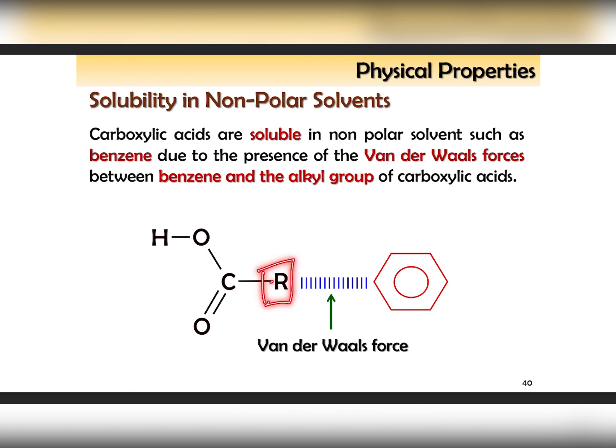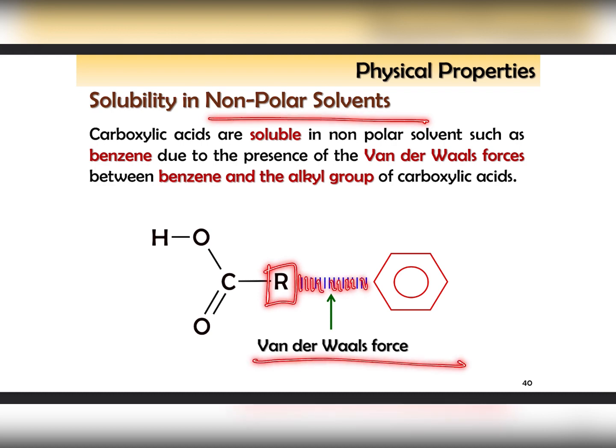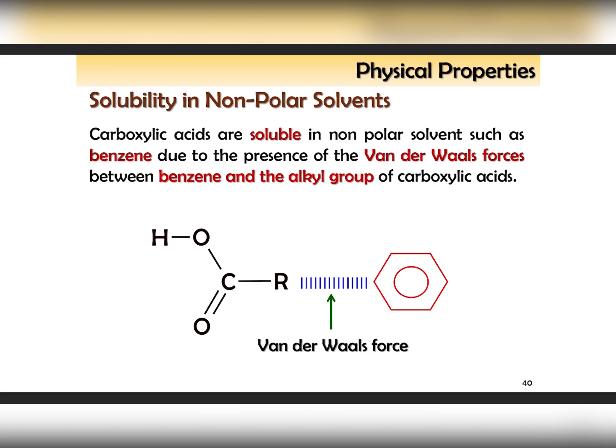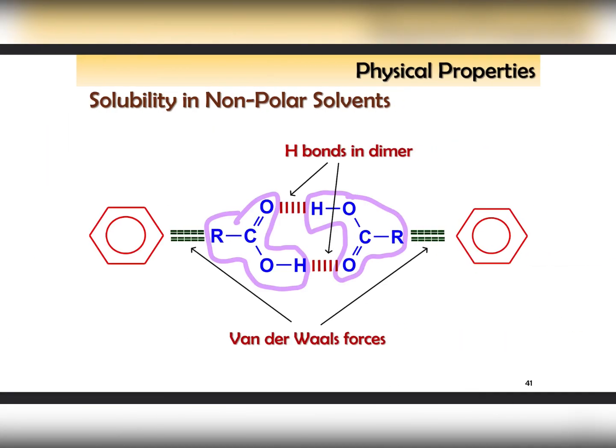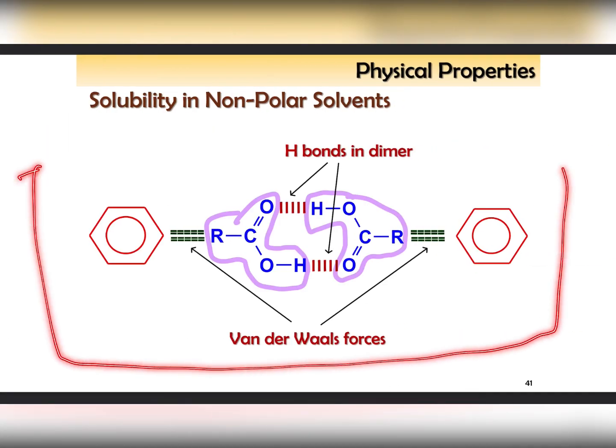Okay, so kalau tadi in water, ini akan jadi hydrophobic part, dia tak suka air. Tapi kalau dalam non-polar solvent, okay, alkyl group ini dia boleh buat van der Waals forces with the other non-polar solvent. Okay, dia terbalik dengan water. So basically apa yang ada dalam beaker kamu is like this.